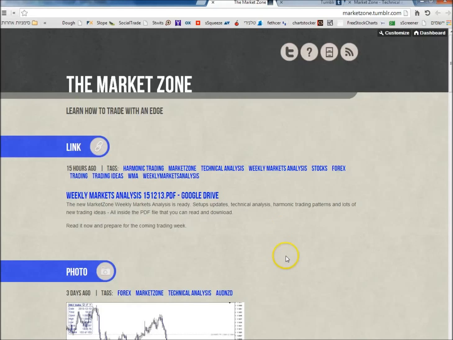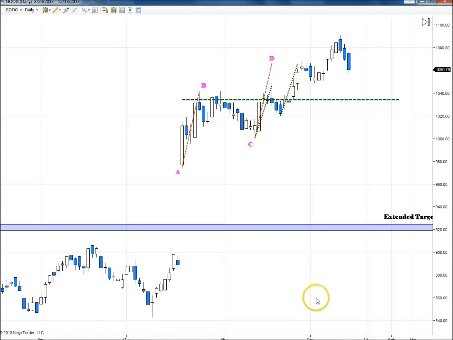And now let's dive right into some of the charts. Okay, let's start by looking at Google daily chart. We see here the previous harmonic patterns I posted. I think it was in the beginning of December.